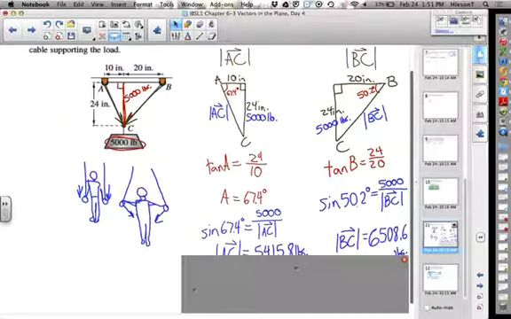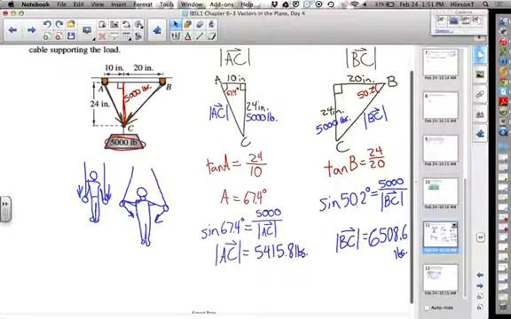So we're able to do that, then we can solve, and we see that this cable on the left side at 67.4 degrees has to be able to support a little over 5,400 pounds. And this cable on the right that's at 50.2 degrees has to be able to support 6,500 pounds.